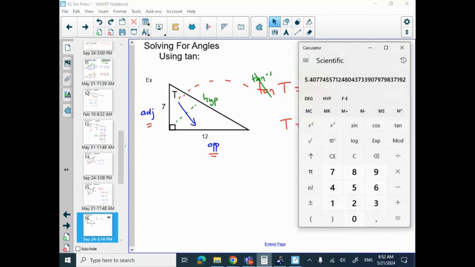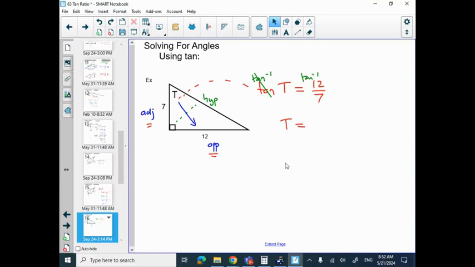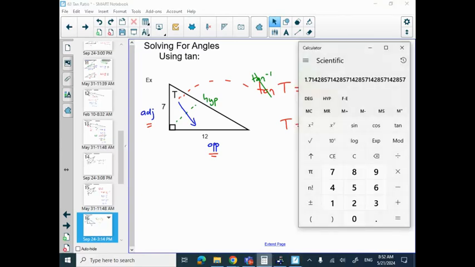So if I did 12 divided by 7, I have that. And so I'm going to store that in memory. Basically, I need to do tan inverse of that number. So second, tan inverse. I'm going to clear some stuff here.